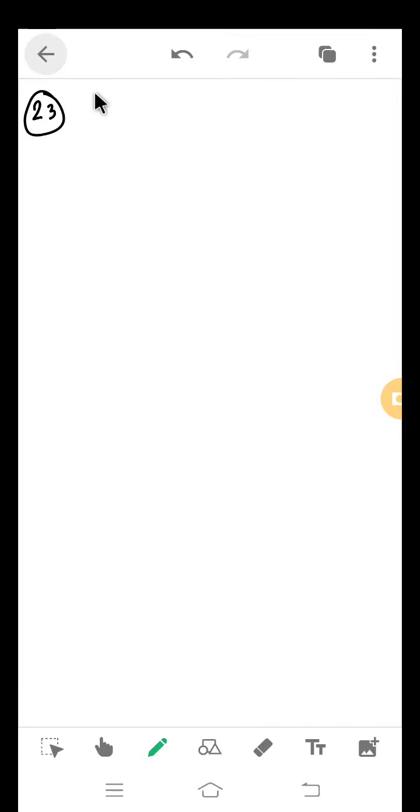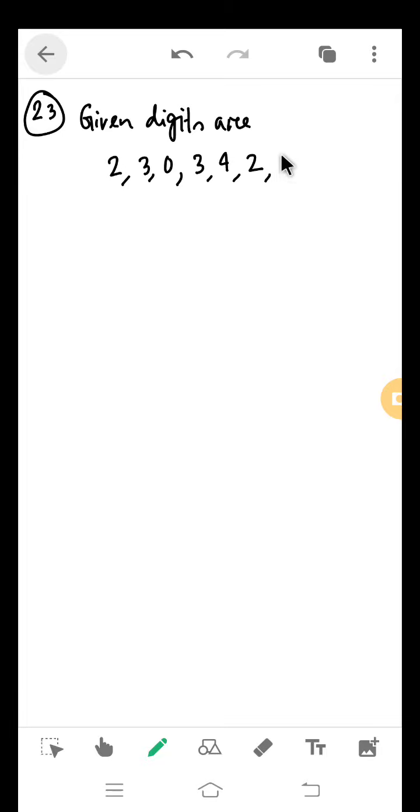So, what is given? There are some digits given. The given digits are 2, 3, 0, 3, 4, 2, 3, 3, 3, 4, 2, 3.